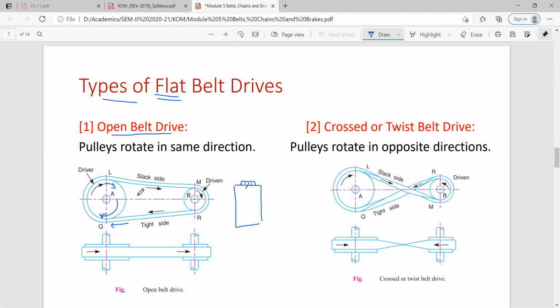That's how the tight side and slack side come into the picture. You can see that in the slack side the belt becomes loose. It does not remain straight because the force in the belt is less, so somewhat because of its weight, it sags here.